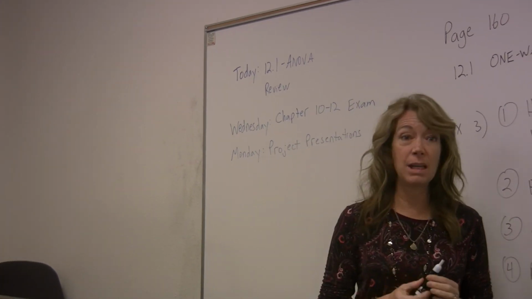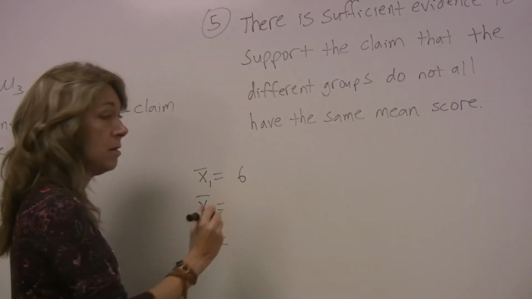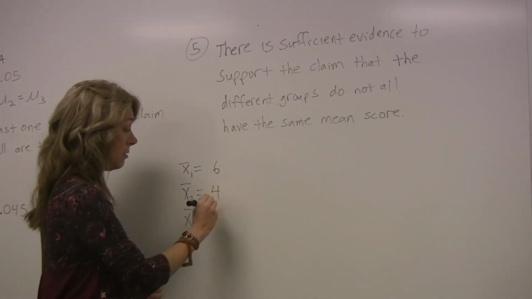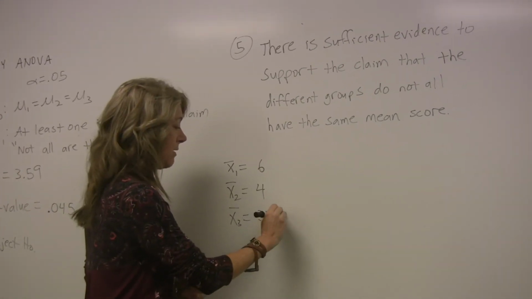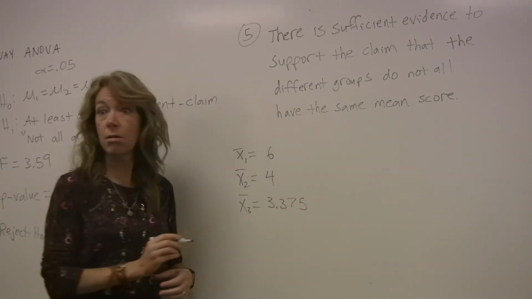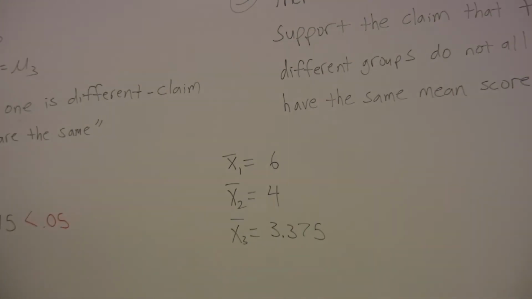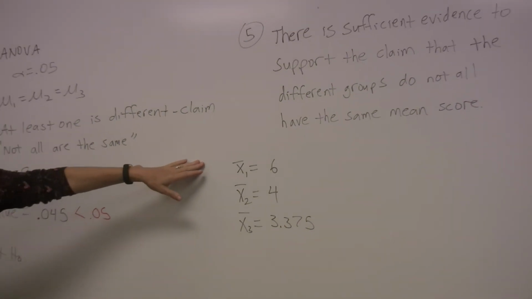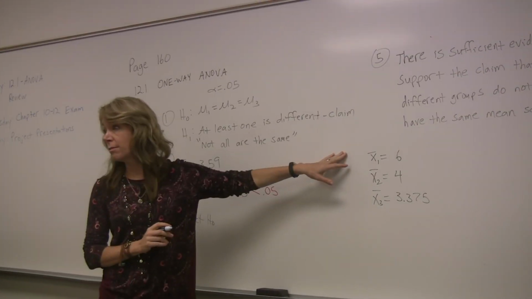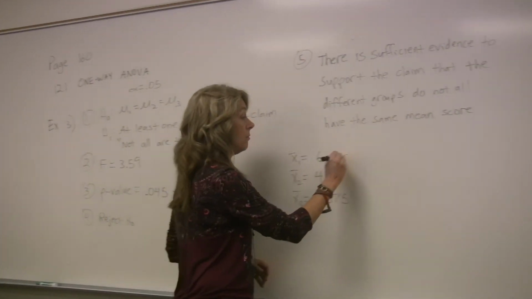What do we get for our three means? First one's 6, 6, and 4, 4, and 3.375. 3.375. We agree with Christian? Yep. So this group had the highest average score, and that group was the constant sound. So Susan was right.